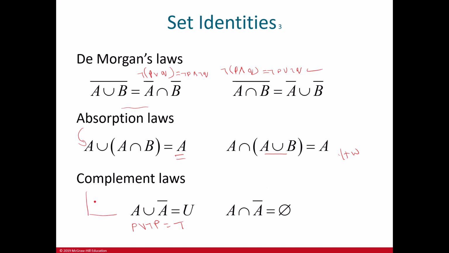If this is U, and here you have A, this is A and this is not A, but when you put them together in the union, what I get back is U, the whole thing. The common element between A and its complement, by definition, there is nothing in common between them, so it's just the empty set.